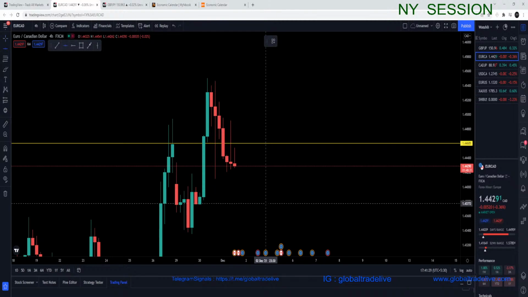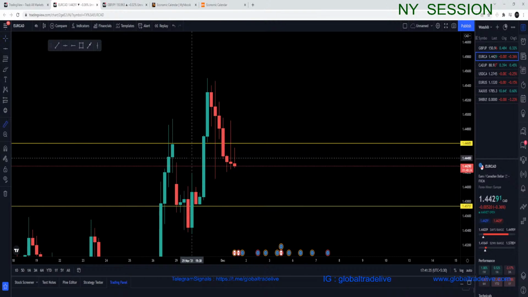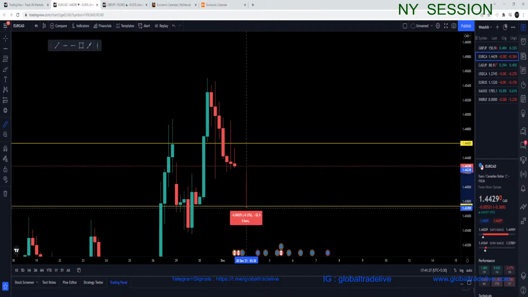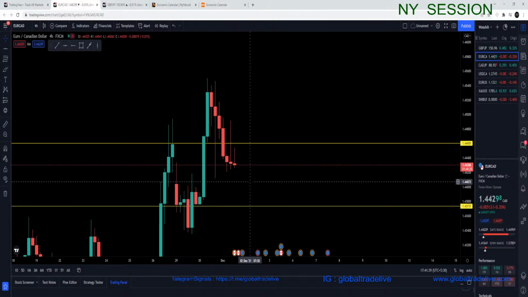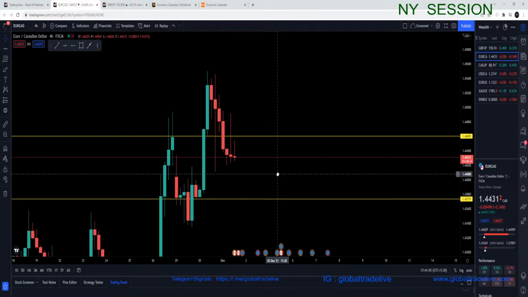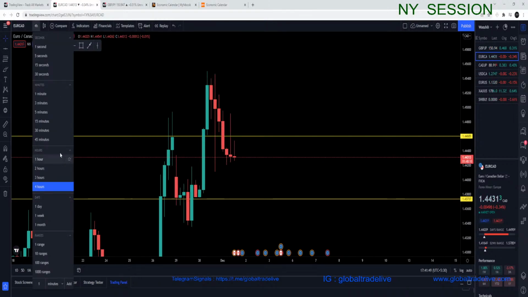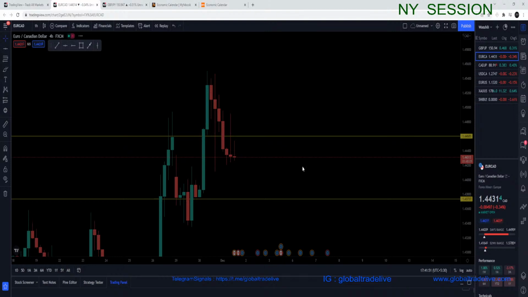So it can possibly go down to this area over here, because we have this clean candle, and there will be a down momentum in EuroCAD that will give us a fake out in the weekly and the daily time frame today. So yes, I think in EuroCAD we are going down, and in GBP we are going up today.